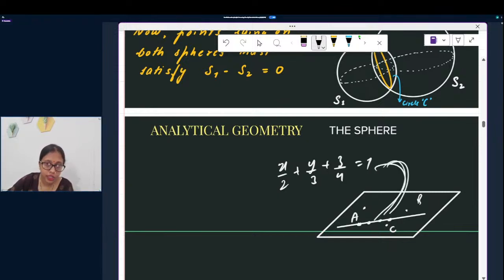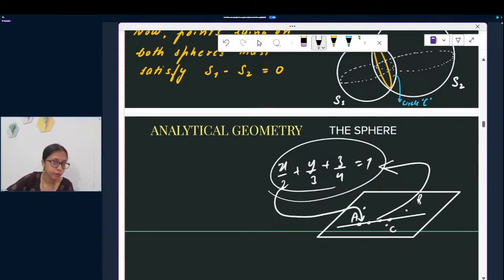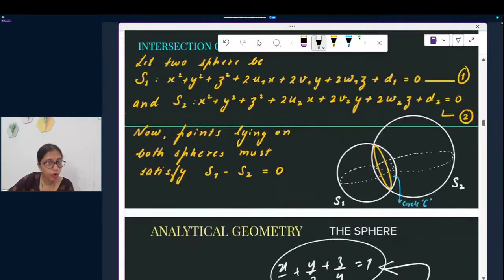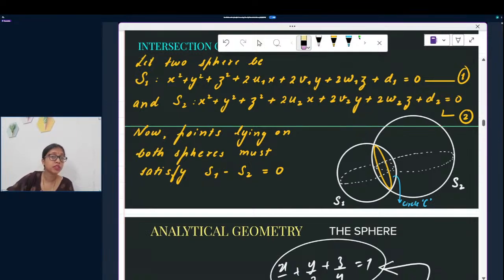But it doesn't mean that this is the equation of this line. Similarly, every point of the circle satisfies this equation, but it doesn't mean that this equation is the equation of that circle. It may be something that the circle is contained in.